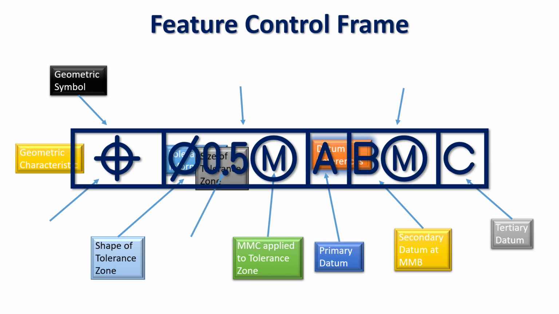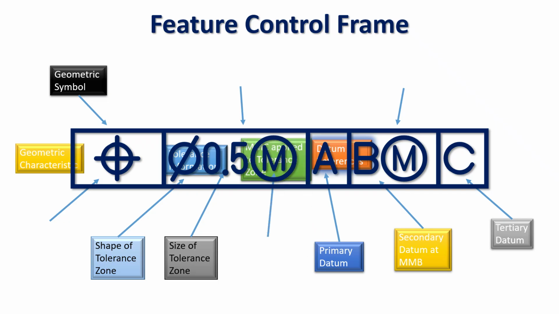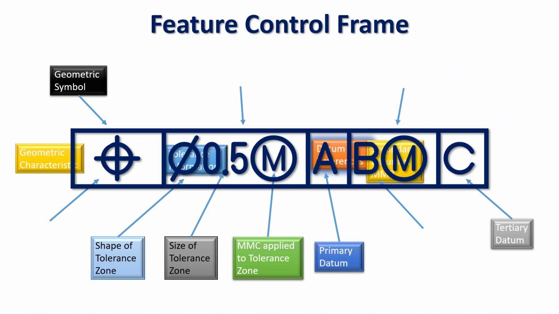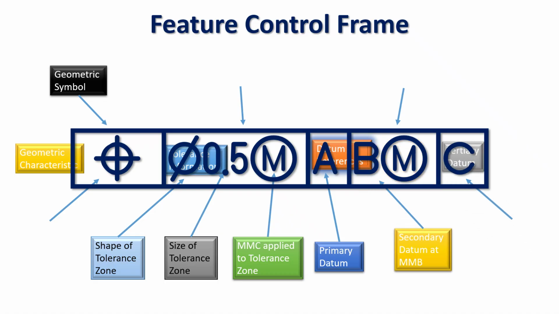Size tolerance 0.5 mm, and MMC is applied to the size tolerance and the cylindrical zone. This is the primary datum A, that is secondary datum B, and tertiary datum C.